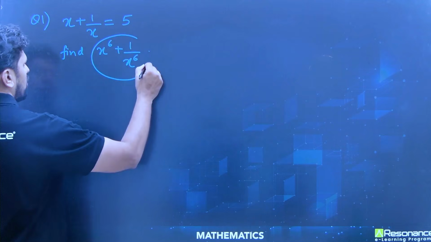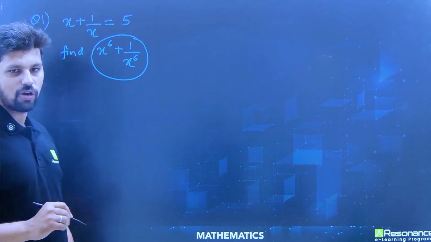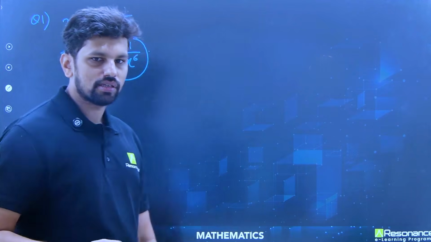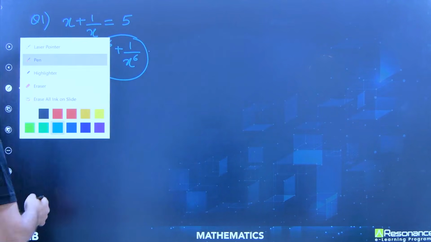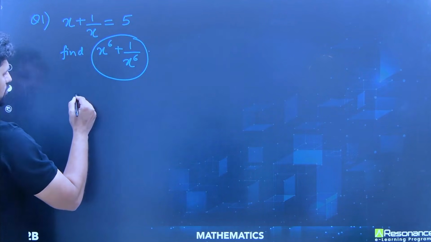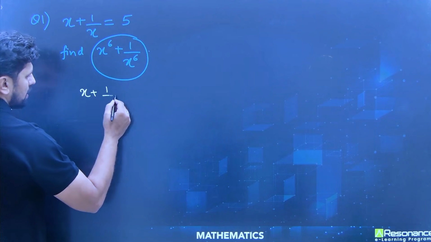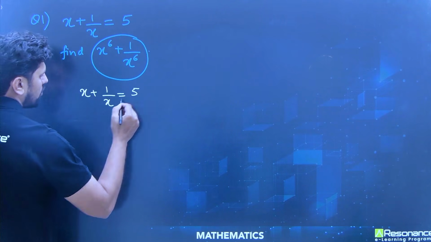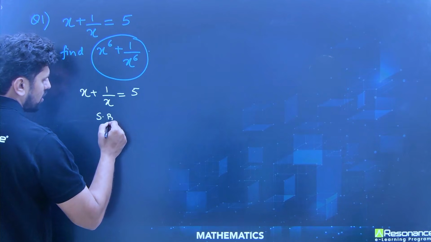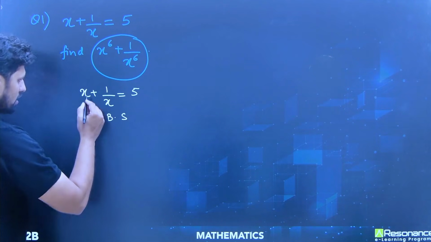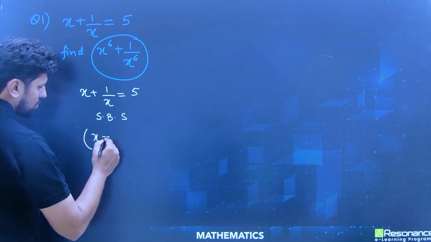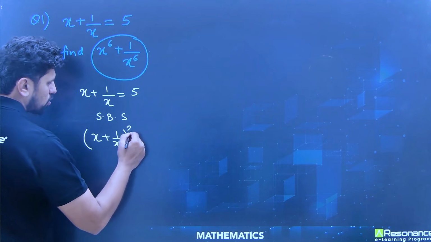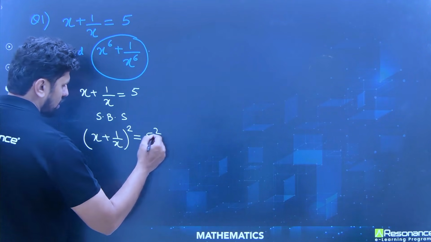Okay, let's solve this. For finding power 6, we will start by squaring both sides. So x plus 1 upon x equals 5. Square both sides. This becomes x plus 1 upon x whole square equals 5 square.